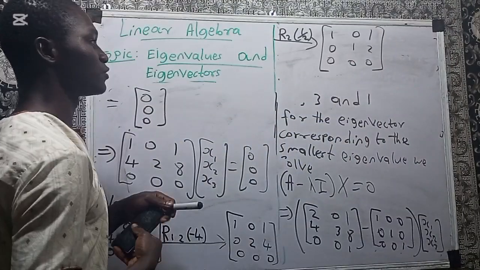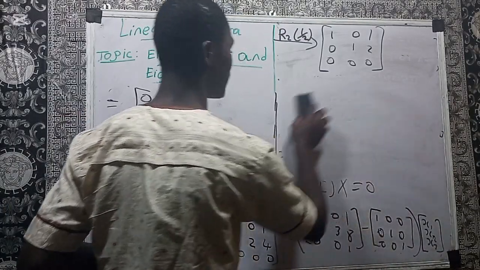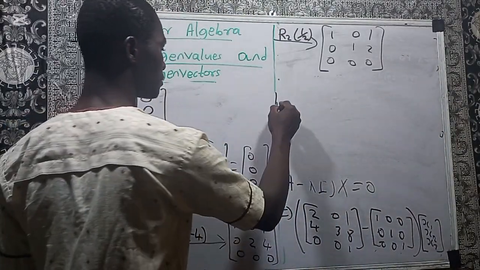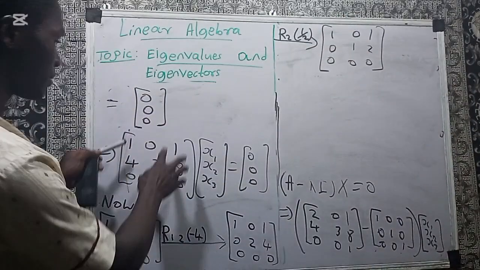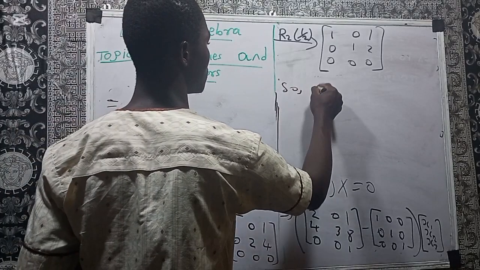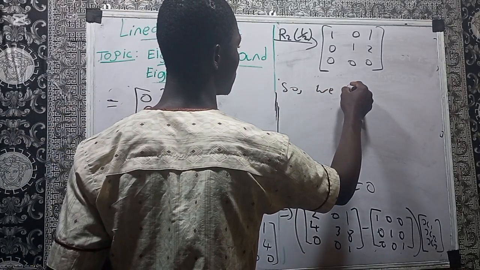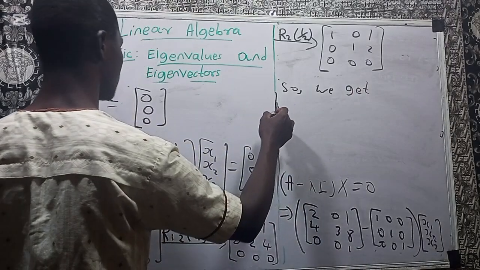So with this, we have reduced this matrix. So having reduced it, we can now replace this former matrix with the reduced form in this equation. So we get this.